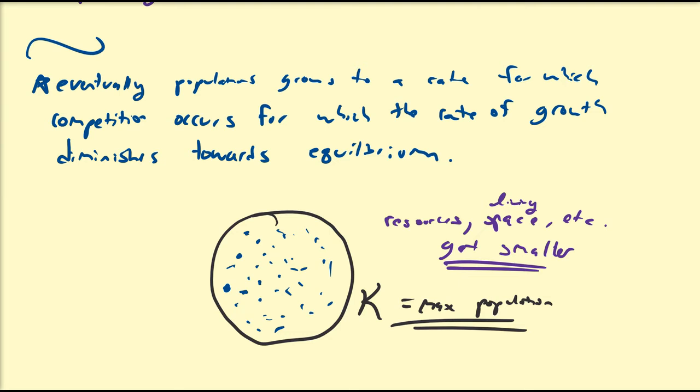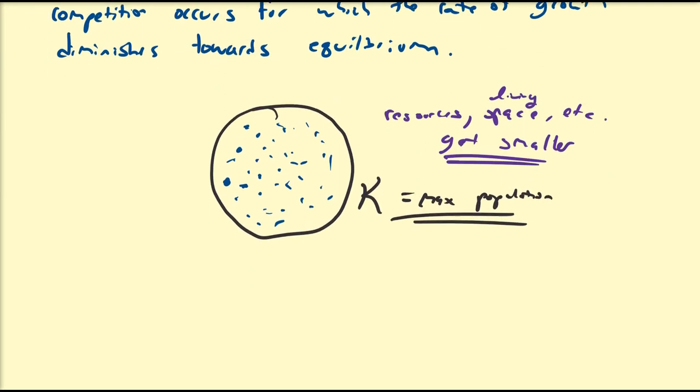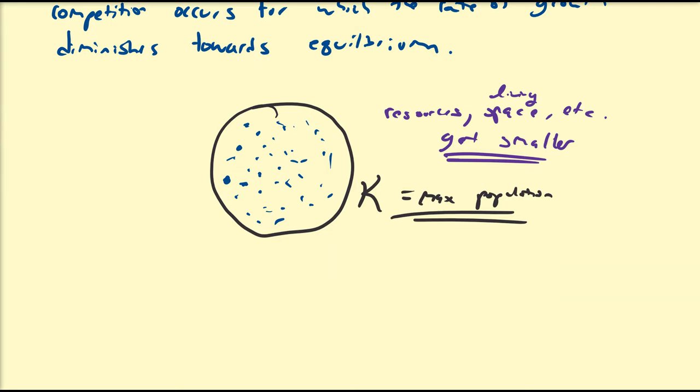So that's where the competition sort of comes into play, right? So the rate is going to slow down until everything sort of goes to equilibrium, pretty much a steady state solution, right? So that's pretty much where this shape sort of comes into play.